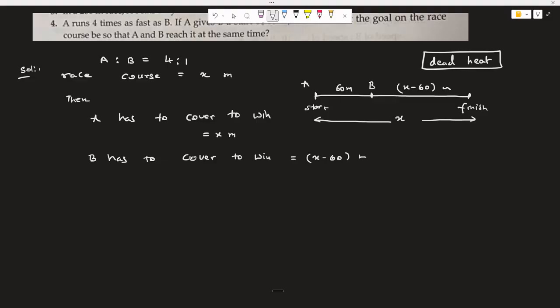The time was the same for both players. At the same time, they have to cover the same distances.